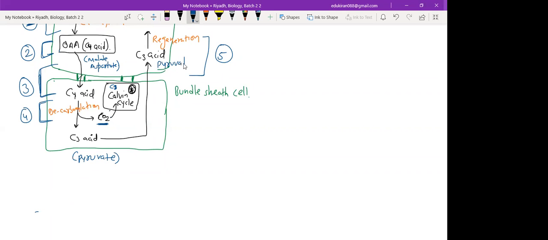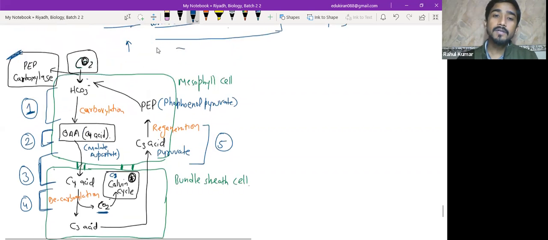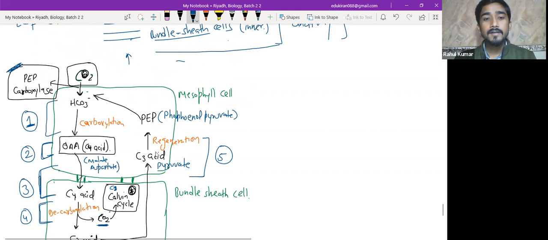Yes, sir. This pyruvate can be sent back to the mesophyll cell to undergo regeneration and make phosphoenol pyruvate. Now, in order to make phosphoenol pyruvate, we will need energy, correct? From pyruvate to phosphoenol pyruvate, this step requires energy, correct?